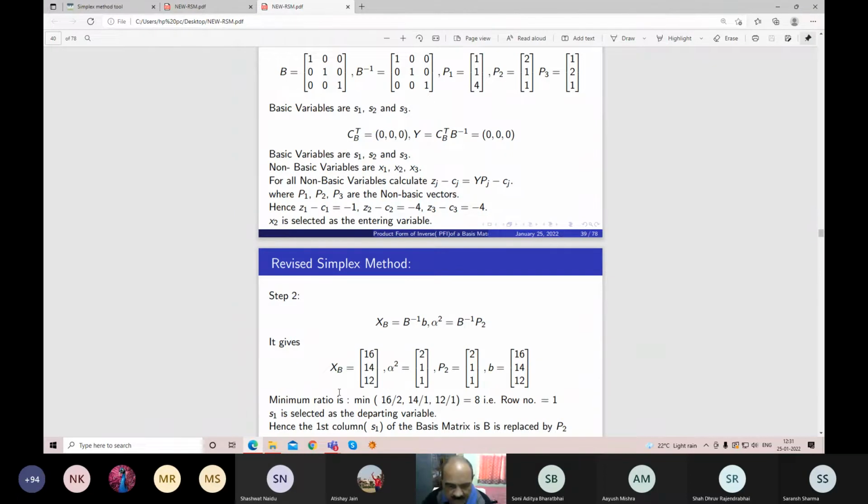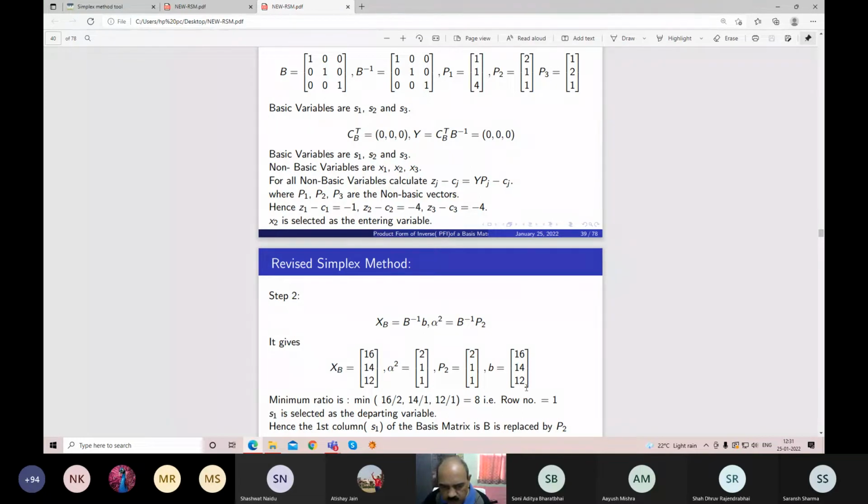Now see here, xb equals B inverse into B. B inverse is the identity matrix. The B vector elements are 16, 14, 12.